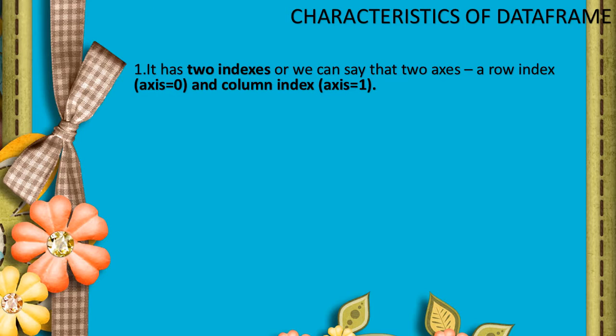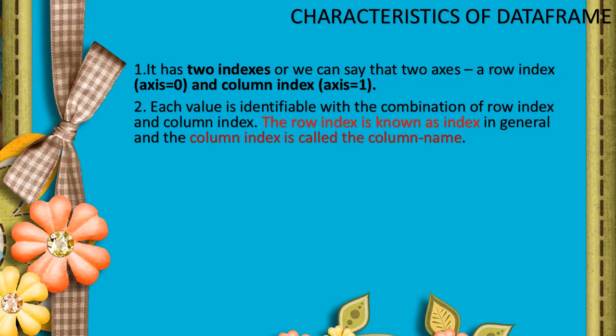Characteristics of data frame: a data frame has two indexes, row index and column index. Row index indicates axis 0, column index indicates axis 1. So we can identify a value in the data frame based on the row index and column index.